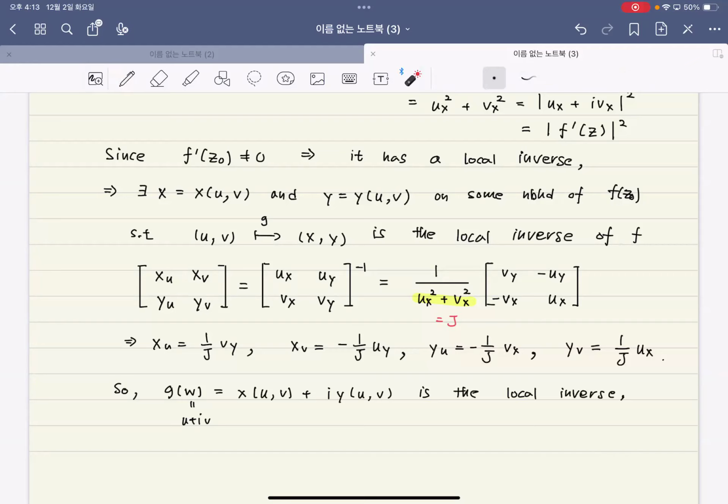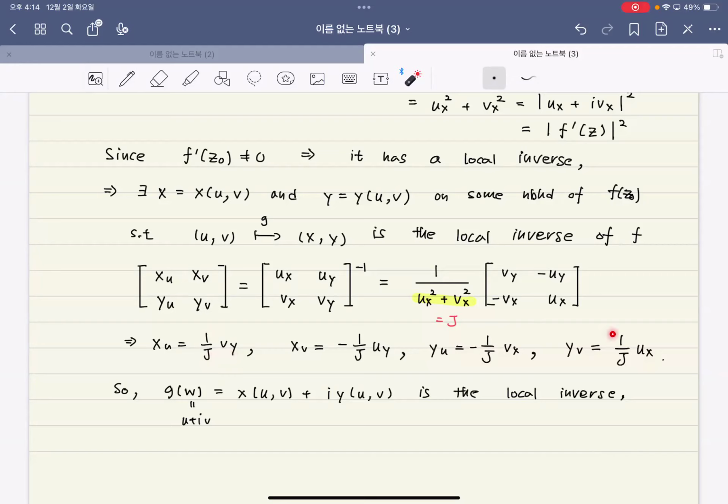Now let me compare these four numbers. x_u is the same as y_v, because of the Cauchy-Riemann condition.